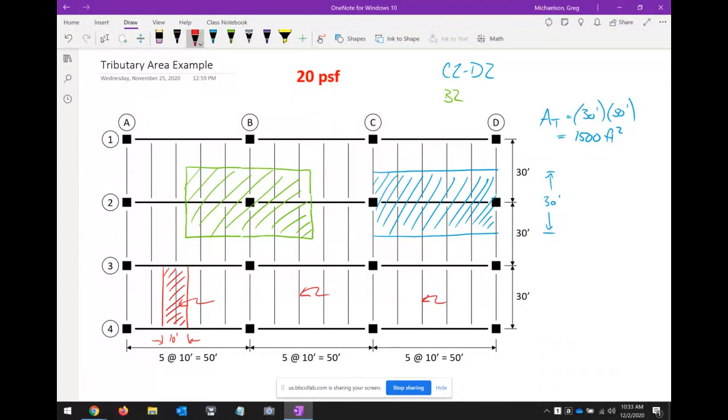Both of those beams are 30 foot long. They both have the same tributary area, and they're both subjected to the same load. So why design each beam differently? Design one beam and use it all over the place. That's the other aspect we want to try: keep it simple. Use one system and repeat it. Does that make sense?